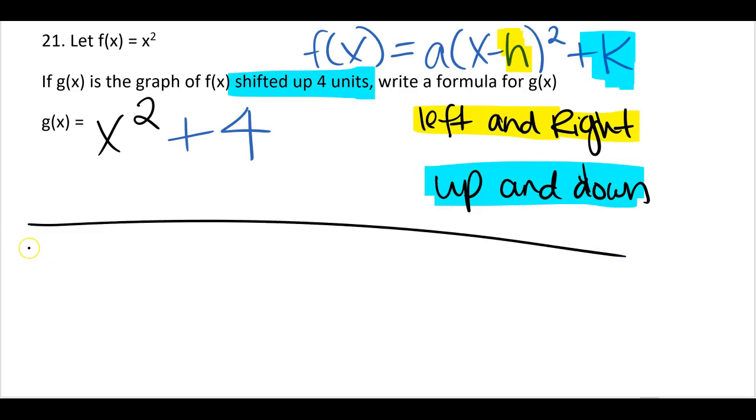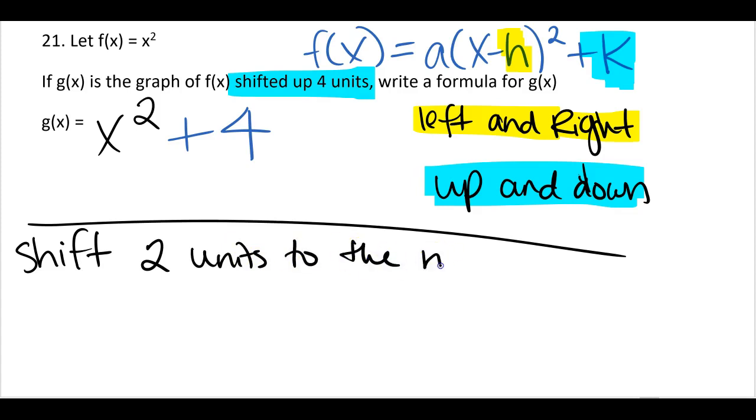I'm going to do another example. Let's say that we shift 2 units to the right. Okay, so I'll call it h of x. h of x equals, in that case that deals with the h.